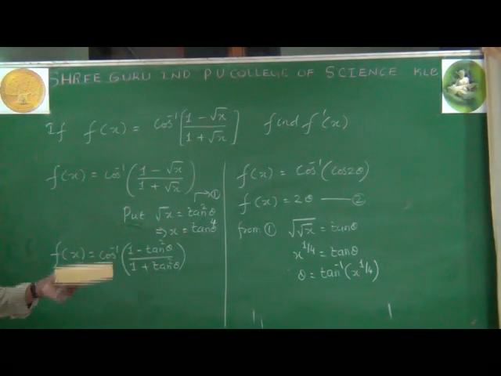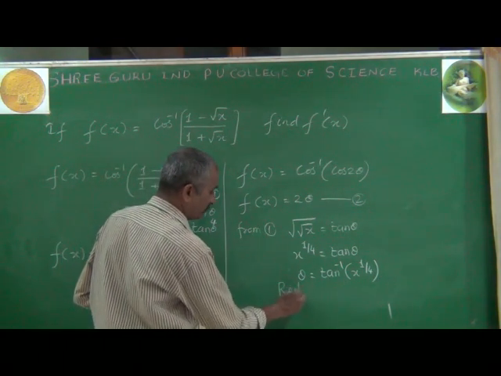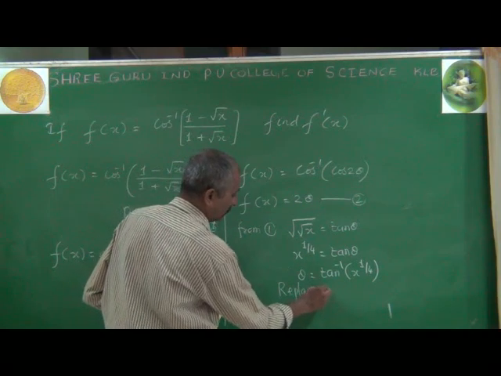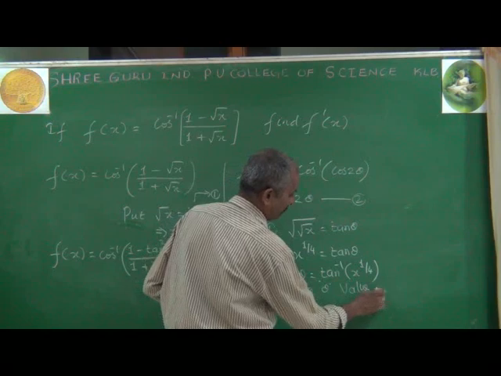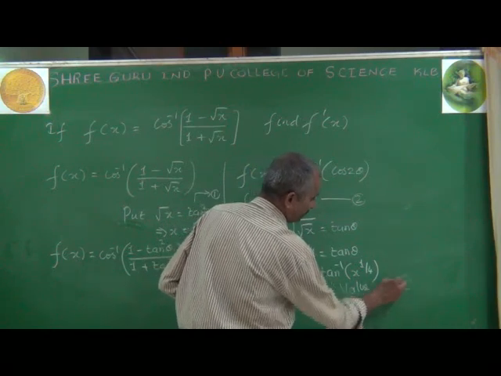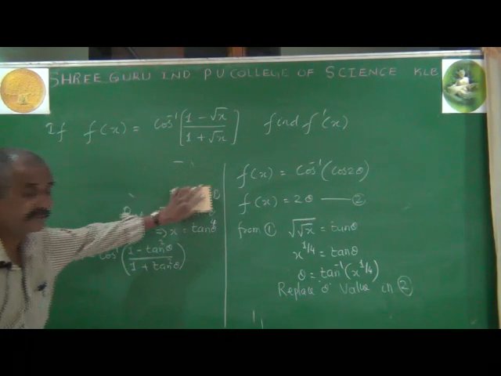Now write the value of theta in 2. Replacing the value of theta, whose value is found as tan inverse of x to the power of 1 by 4, let's replace it in 2 now.